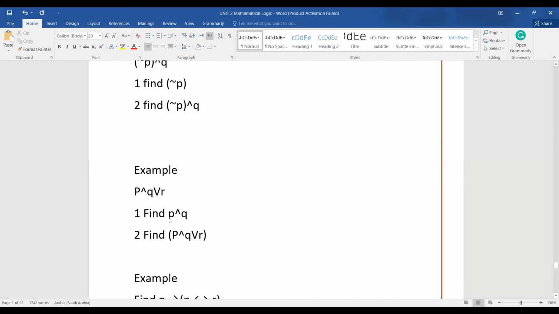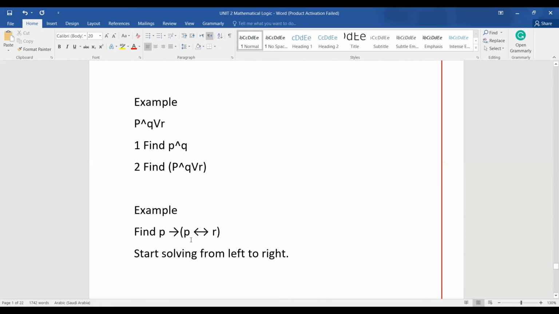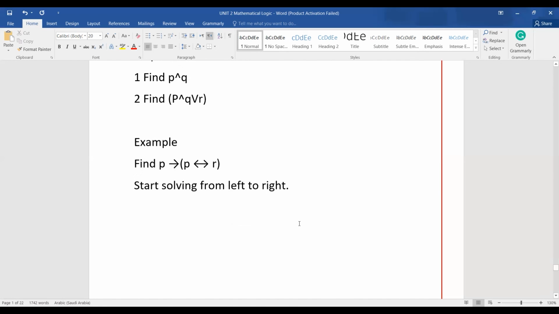We're going to first find P and Q, and then only we'll solve the or Q or R. And the last condition, biconditional: we said both of them have the same priorities. So we're going to solve them by starting from the left. Whoever comes to the left, we're going to start solving from there. Clear? Any doubts so far?